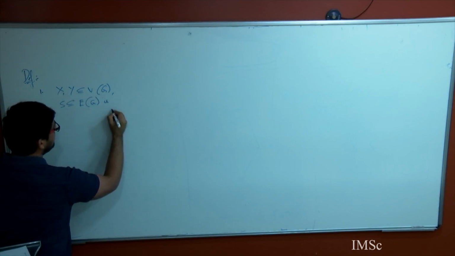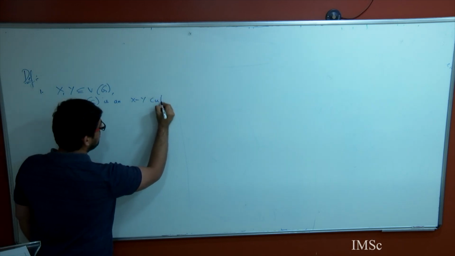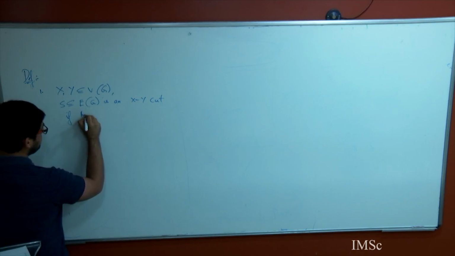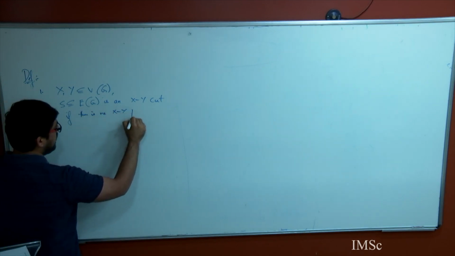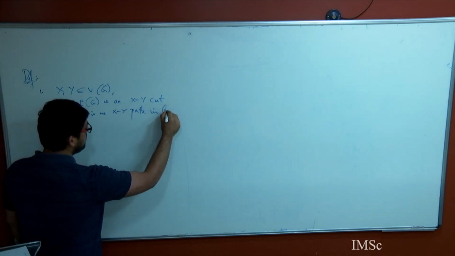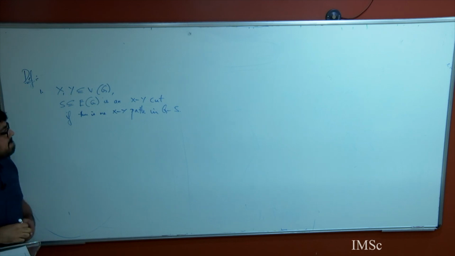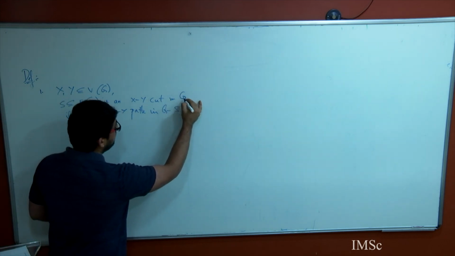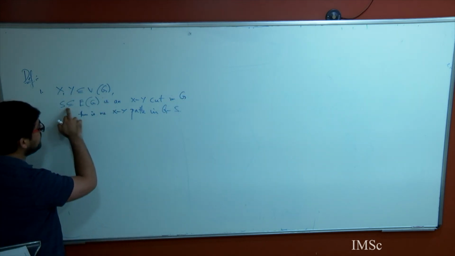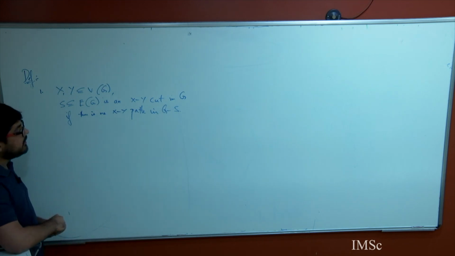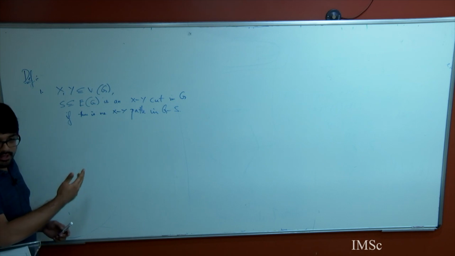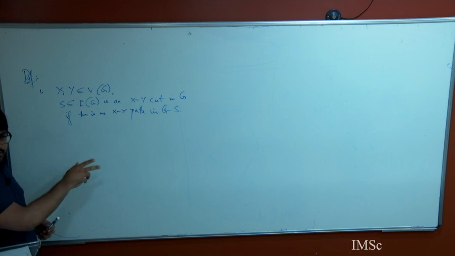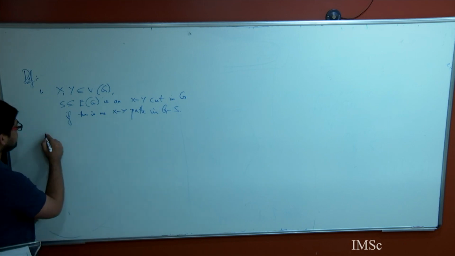So an edge set S is an XY cut if there is no X to Y path in G minus S. Right, so G is a graph, and if you want to be formal, you say in G. So you just remove these edges from the graph, and in the process you end up hitting all paths between X and Y. And since this is an undirected graph, XY paths are YX paths, so the ordering doesn't really matter, so you don't have to worry about that.